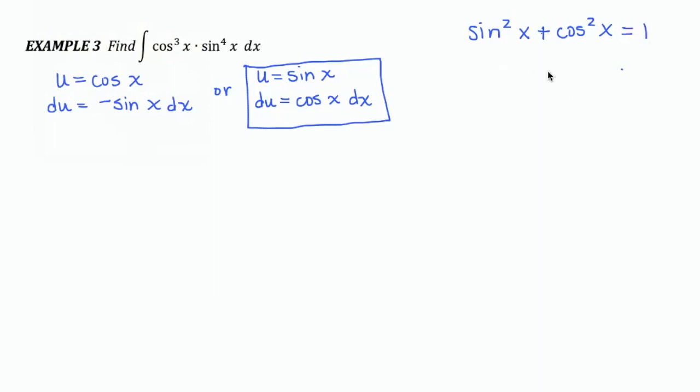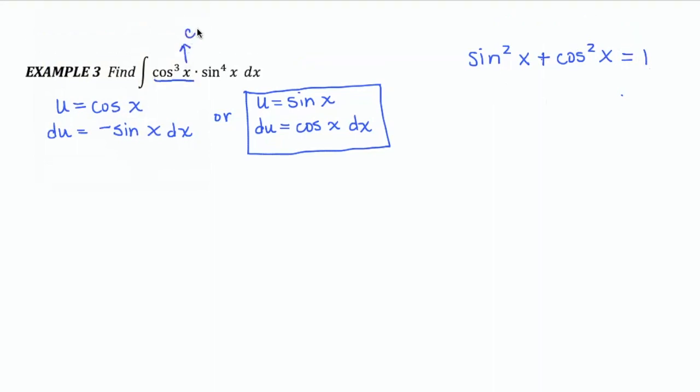If I were to solve for cosine squared, when I look at my integral, I have cosine cubed, which is the same as cosine squared times another cosine. If I rewrite the cosine squared in terms of sine squared, that would eliminate it from the integral, and I'd only have one cosine left, which can be found in my du.